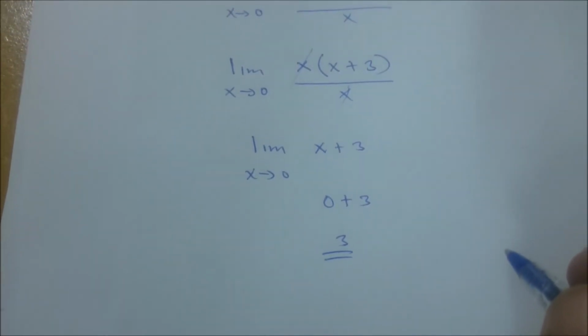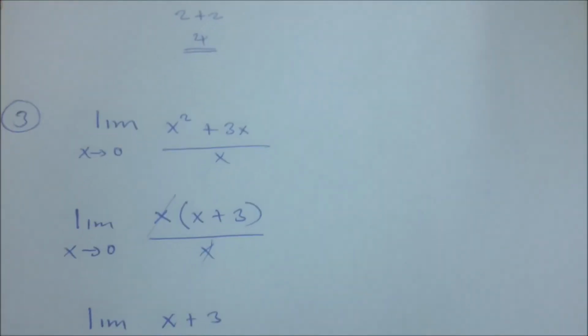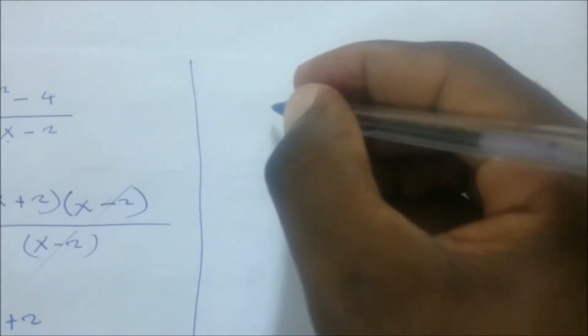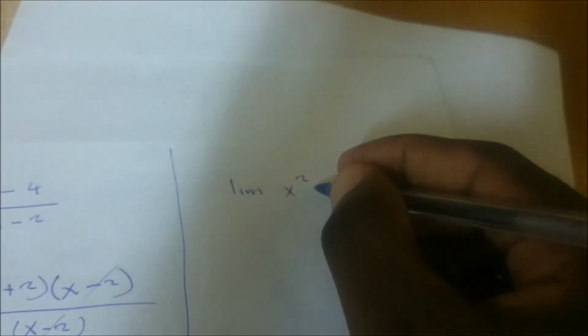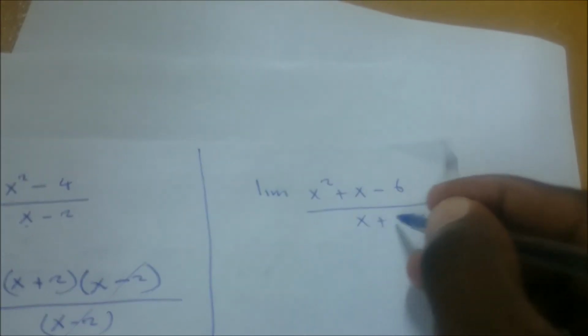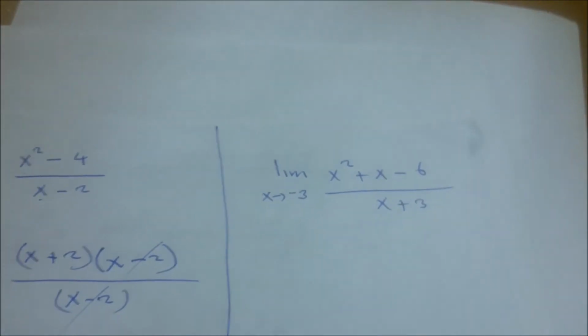We have something interesting there. So let's do this other example, which is the limit of x squared plus x minus 6 over x plus 3 as x is approaching negative 3.